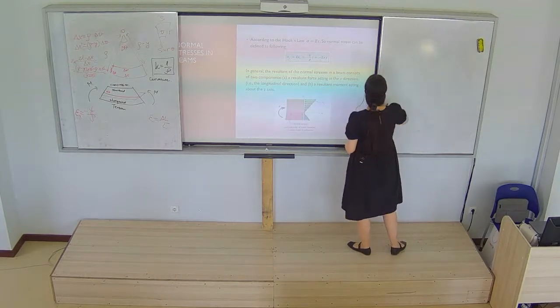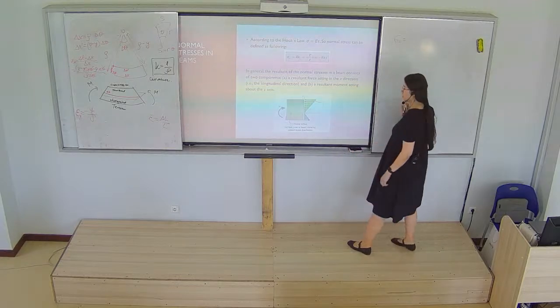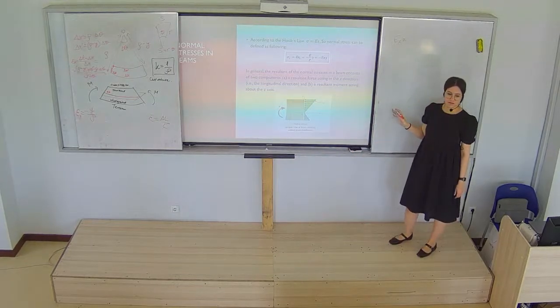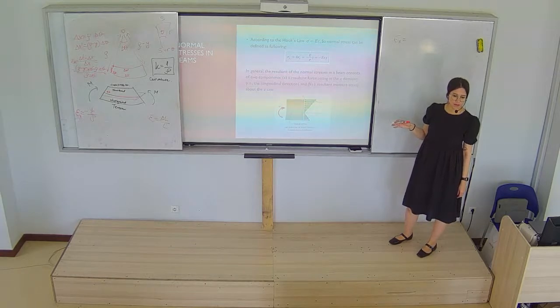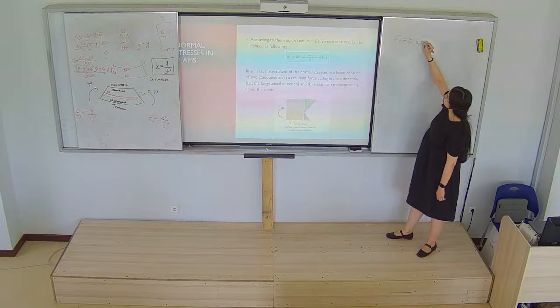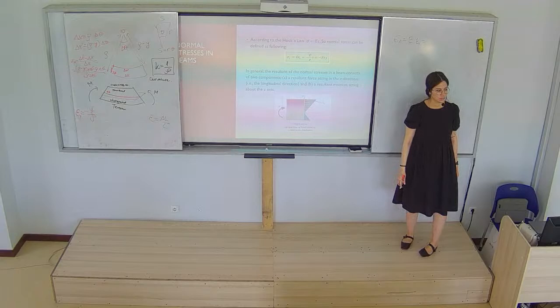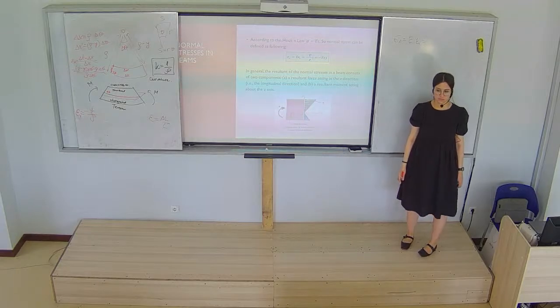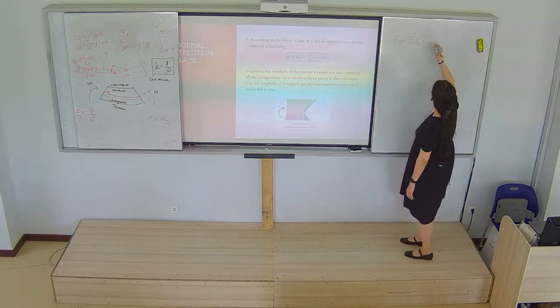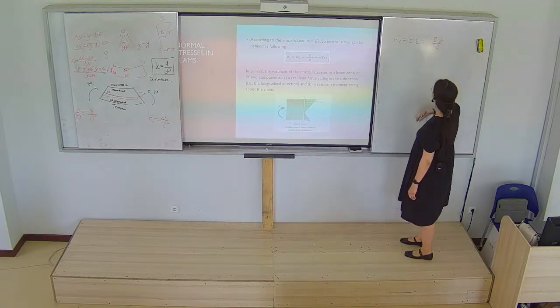You already remember the relationship between normal stress and normal strain by Hooke's law, right? Sigma x is equal to E multiplied by epsilon x. In this case, epsilon x is equal to what? Yes, minus y over rho.